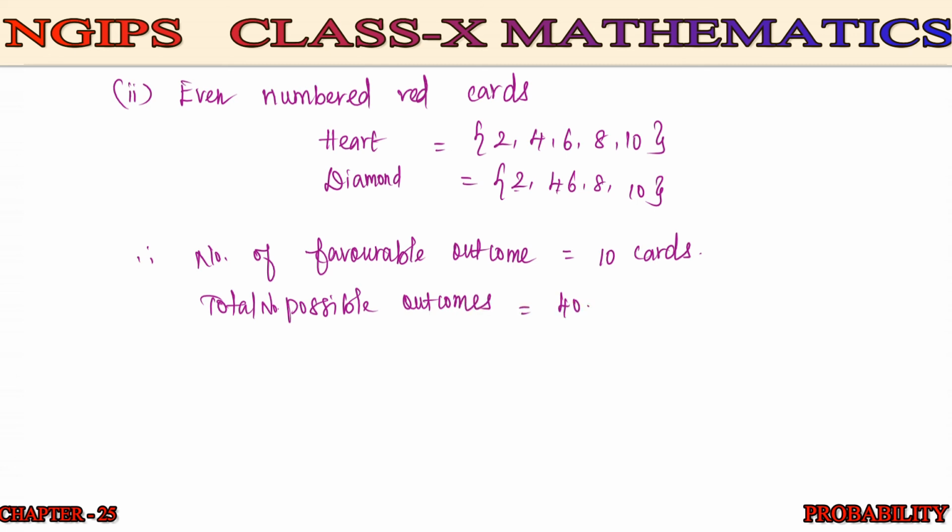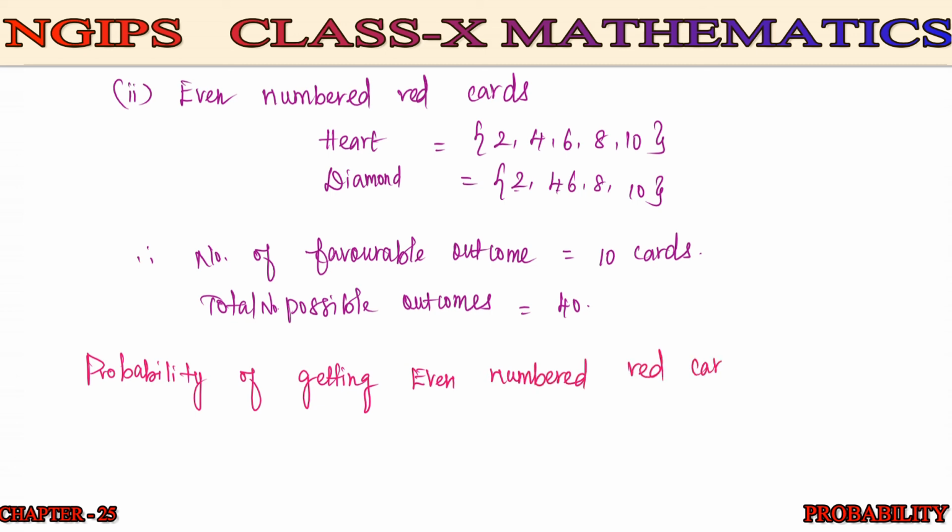Now the probability of getting even numbered red cards is equal to number of favorable outcomes divided by total number of possible outcomes.